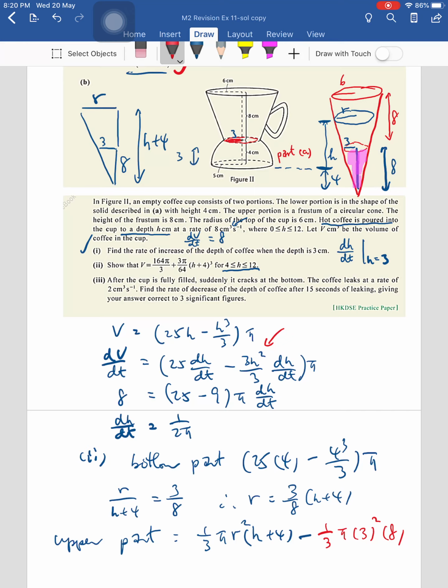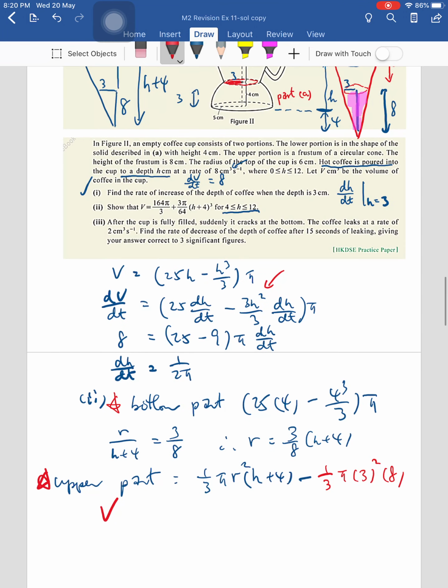So I think adding up these two parts, the bottom part and the upper part, I got V equals 164 pi over 3 plus 3 pi over 64 times H plus 4 to the power 3, okay, and then done.